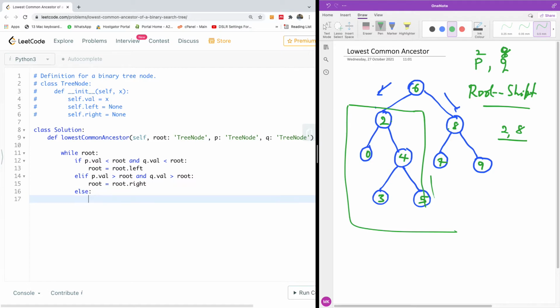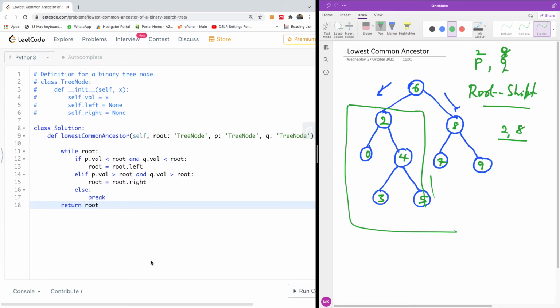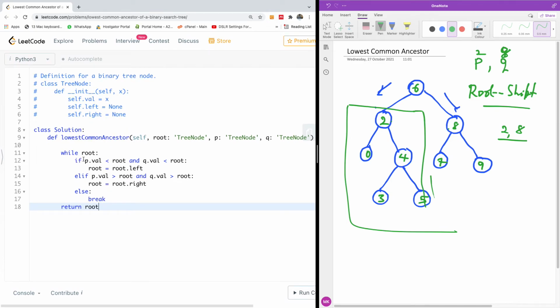We have now found the ancestor, so we are going to break, because we found it, and simply return root. Let me cross-check: if, elif, else break. Okay, perfect.